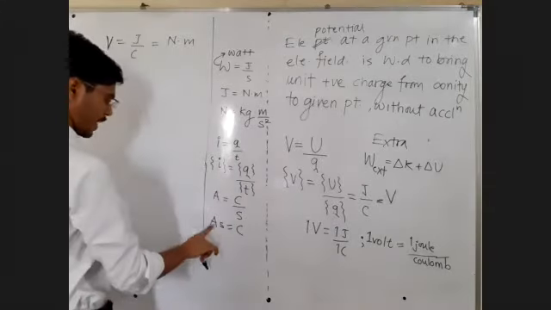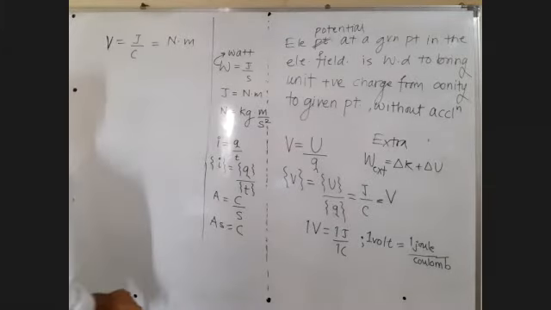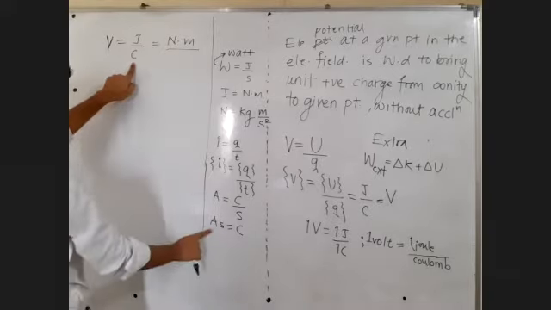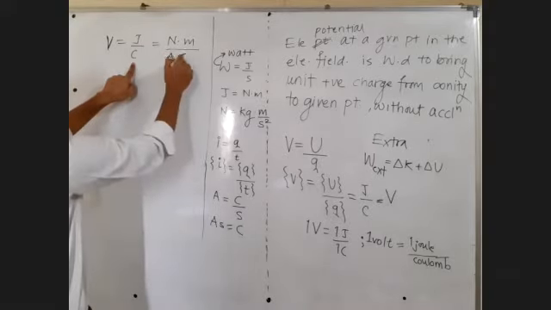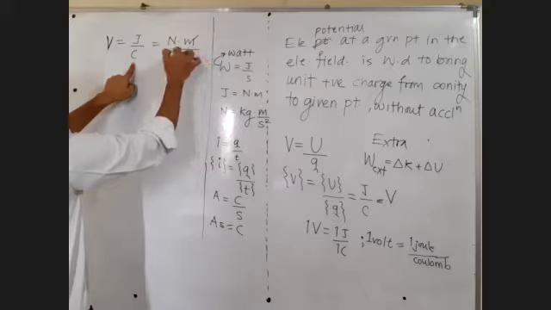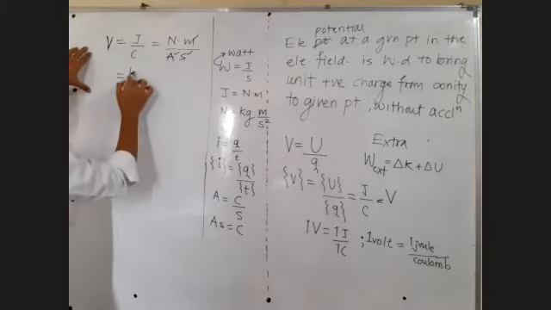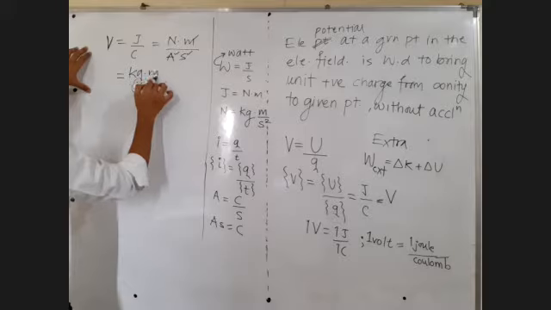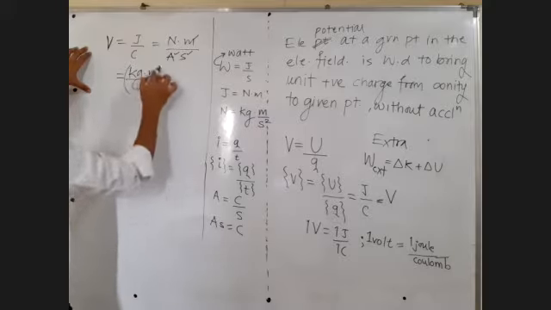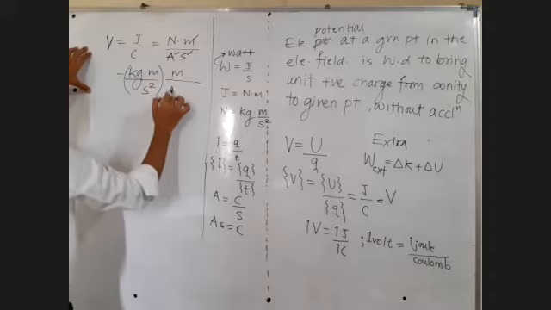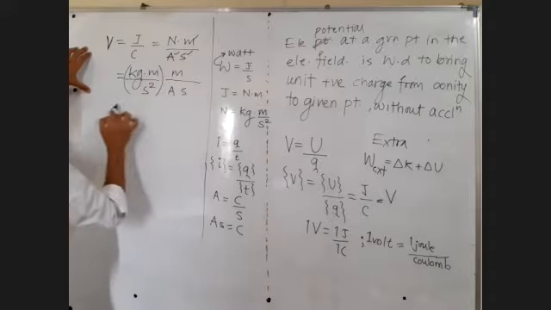Ampere is fundamental. Second is fundamental. Joule is replaced by Newton meter. Coulomb is replaced by ampere second. Meter, ampere and second are fundamental. We have to replace Newton. Newton is kg meter per second square. Meter as it is, divided by ampere as it is, second as it is.